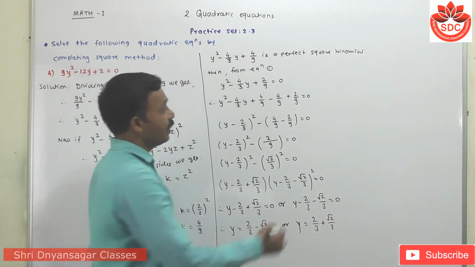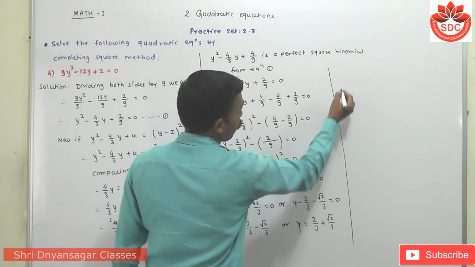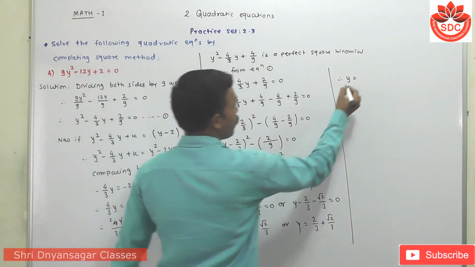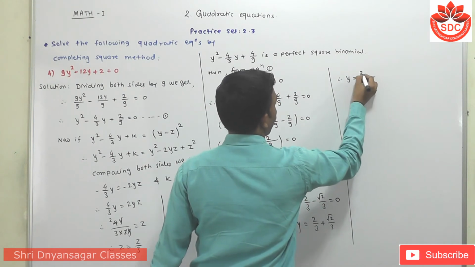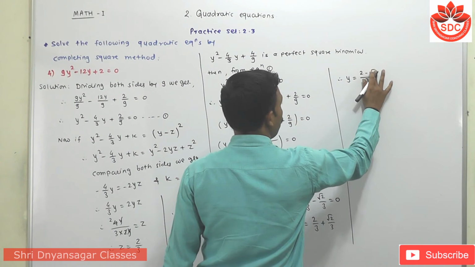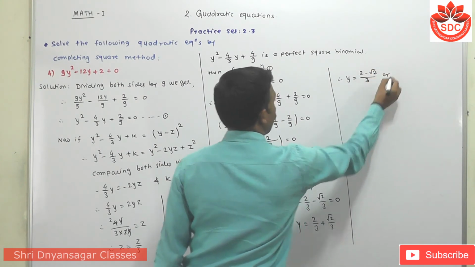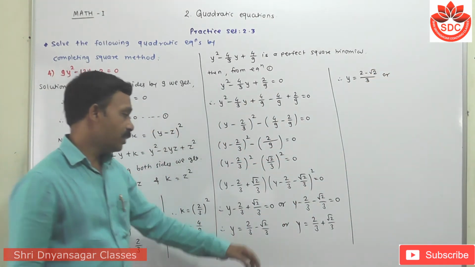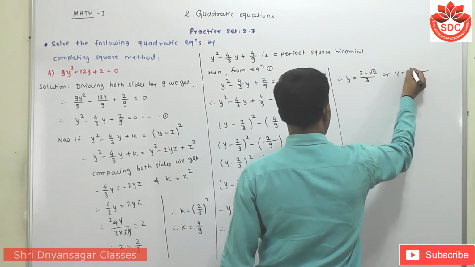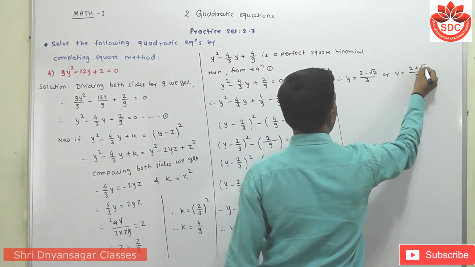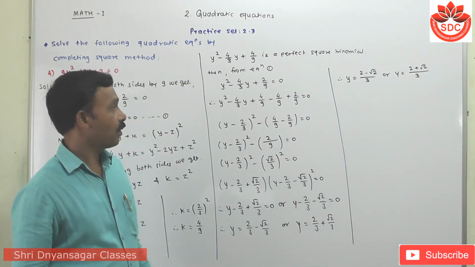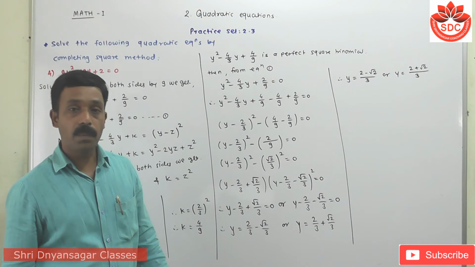Then taking its LCM, we get that y is equal to, this LCM is 3, we have to subtract its numerator, 2 minus root 2 upon 3, or y is equal to, LCM is 3, then 2 plus root 2 upon 3. This is the solution of the given quadratic equation by using the completing square method.